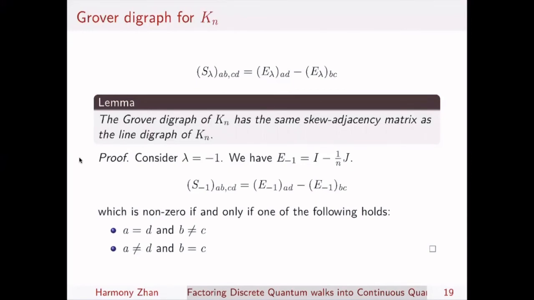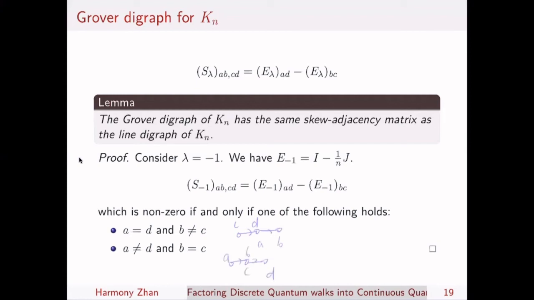So by this formula, the only way for the left-hand side to be non-zero is to ask A and D to coincide and B and C to be different, or to let A and D be different, but B and C to coincide. But this is precisely when you have, I guess it's CD, AB, or AB, CD.